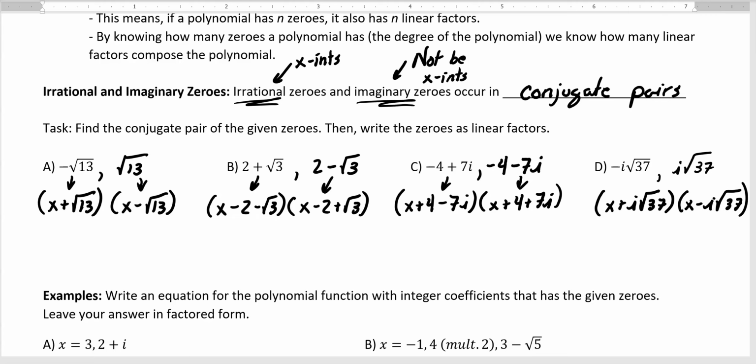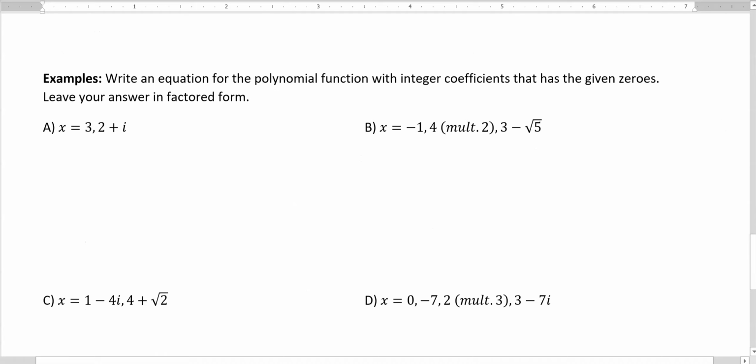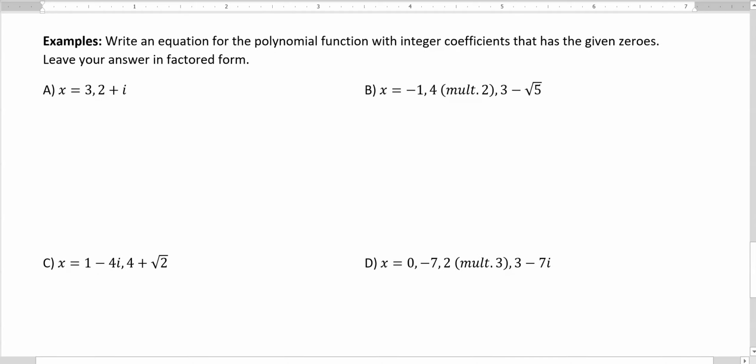So what we're going to do now is build on what we just did, only this time we're also going to include complex and imaginary zeros. So let's walk through this first example here. X equals 3 and 2 plus i. Well, remember, imaginary zeros occur in conjugate pairs. So if 2 plus i is a 0, we also know that 2 minus i must be a 0.